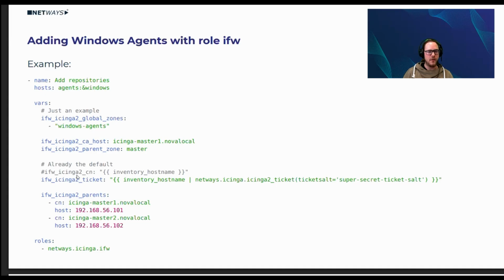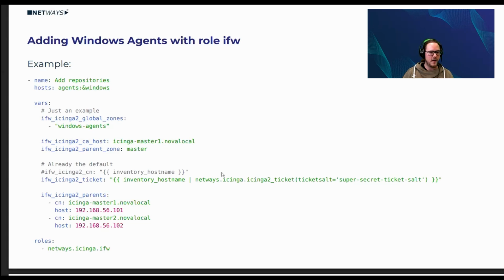You can reference your parent zone, and which is quite nice, I believe, is the Icinga 2 ticket, which we have here. We can basically take our common name that we want, which is our inventory host name, and pipe that into a filter we wrote, which also has a parameter for the ticket sort. If you know that, you can just create your ticket right away with this Ansible plugin, with this filter.